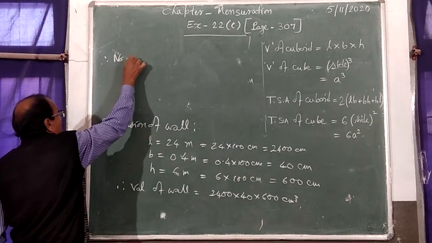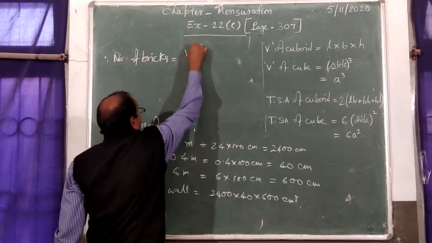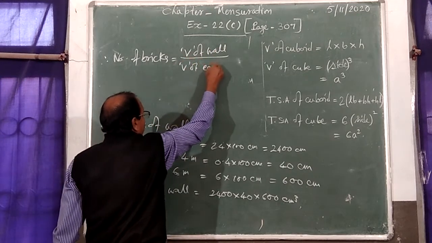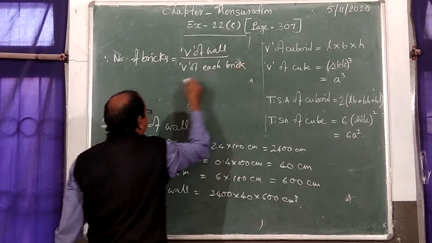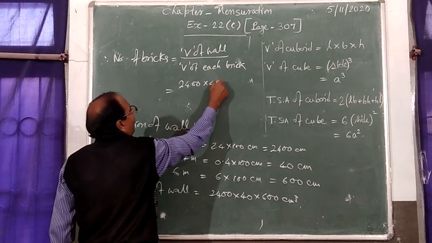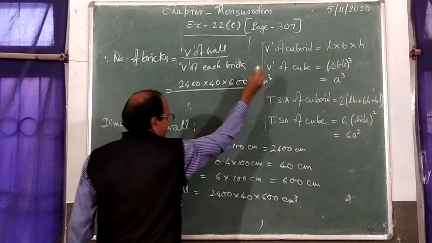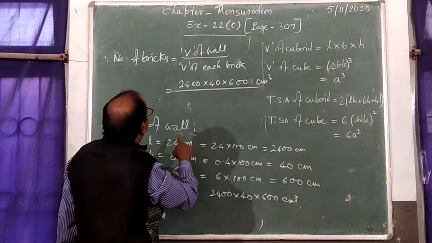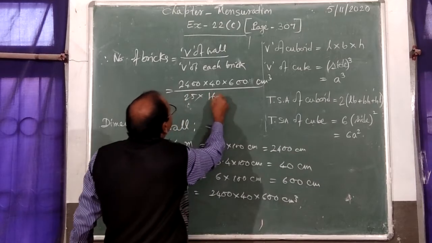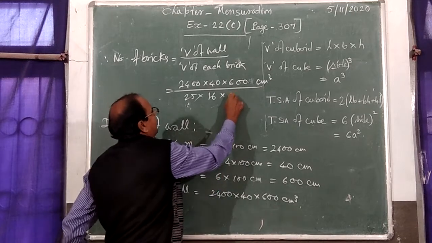Therefore, number of bricks equals to volume of wall divided by volume of each brick. So we have here 2400 into 40 into 600 centimeter cube divided by here volume of each brick, 25 into 16 into 10.